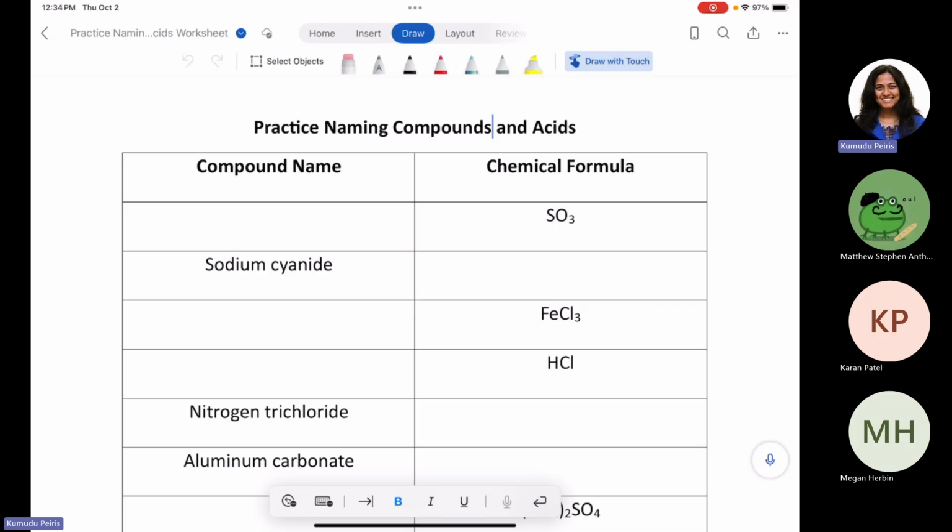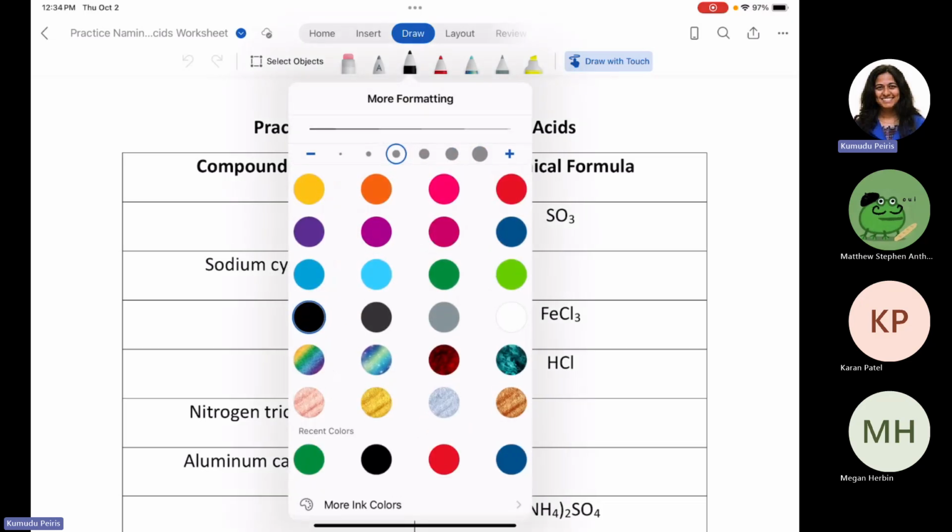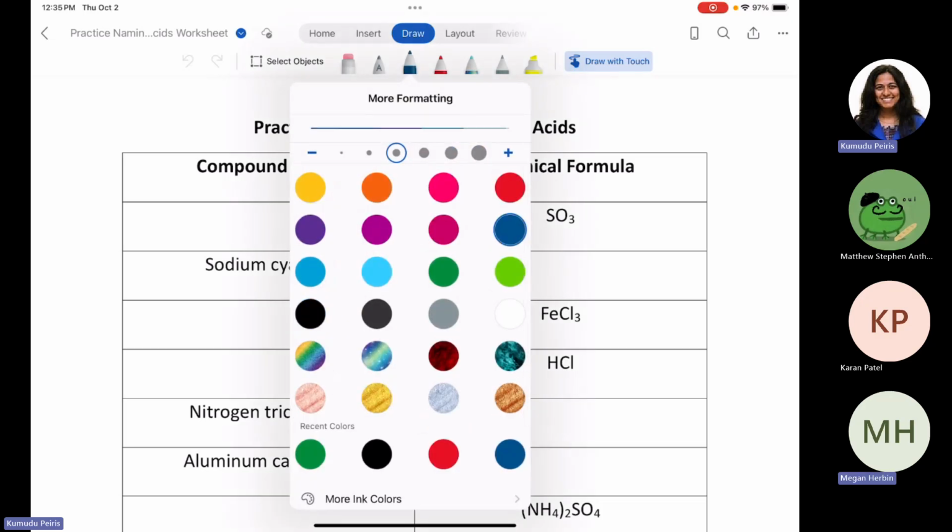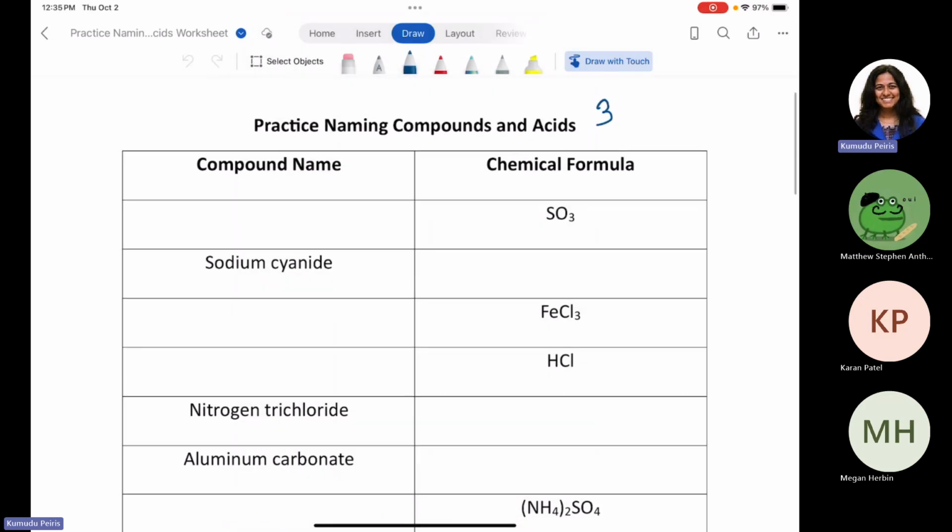The questions will ask you to name a compound from a formula, or you'll be given the name and you have to build up the formula. So there will be only three to four questions, that's all.